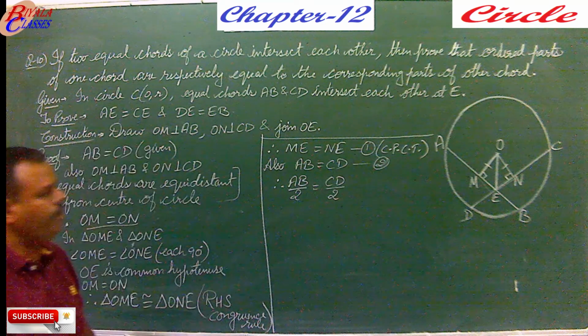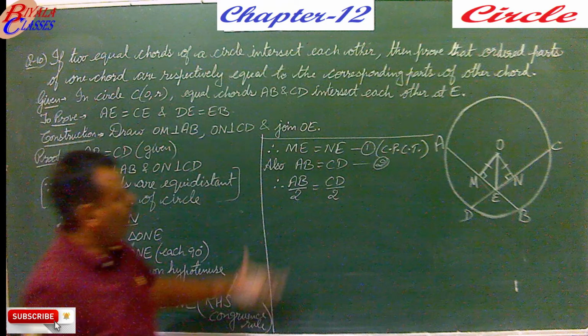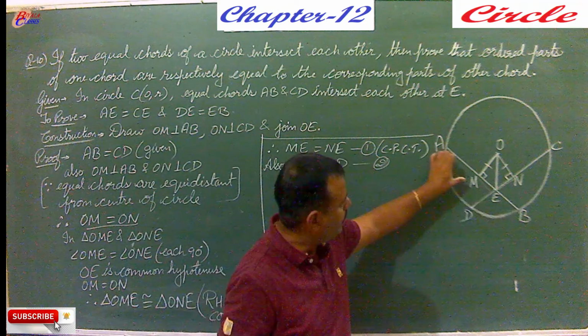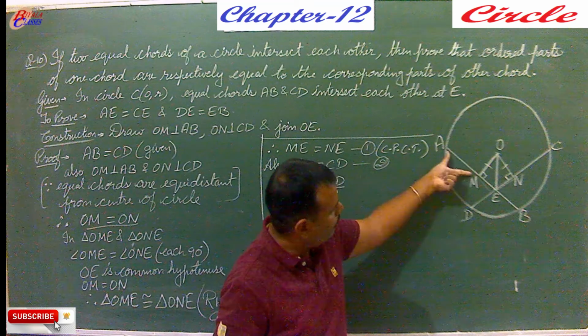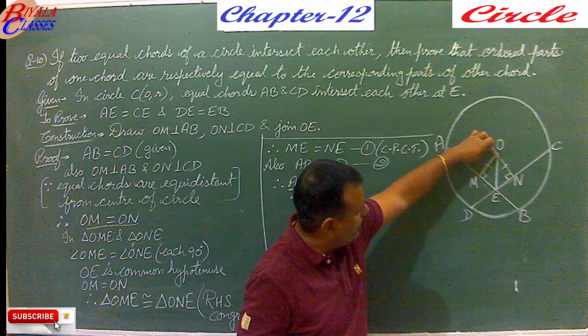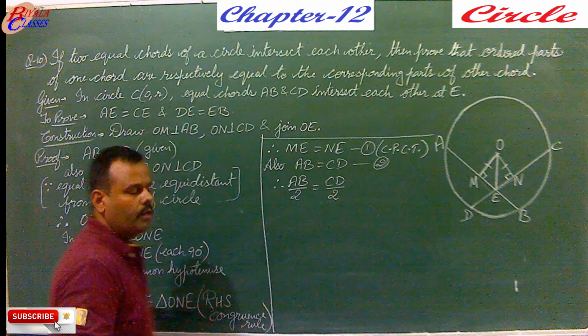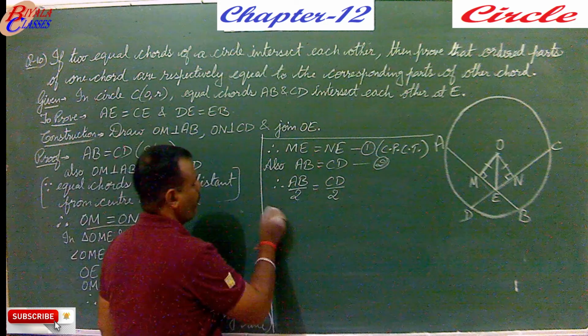Half of AB will be equal to half of CD. Now what is half of AB? Half of AB will be AM. Reason? The perpendicular which is drawn from the center to the chord will bisect the chord.